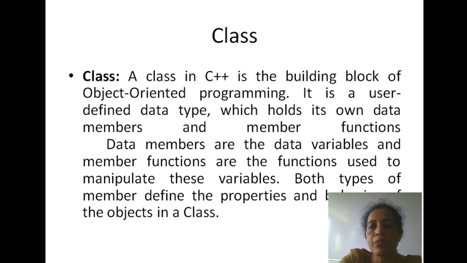Data members are the variables with the help of which we can define the different attributes of the object or the real-world entity. Here we define the data members along with the data types.